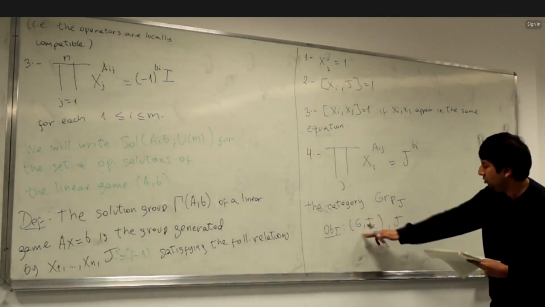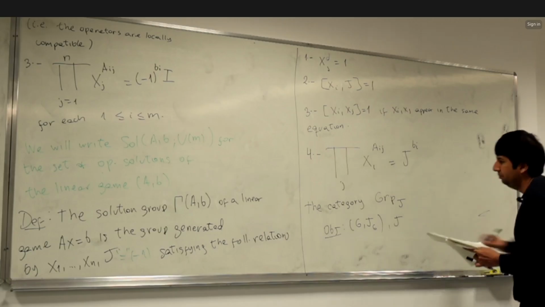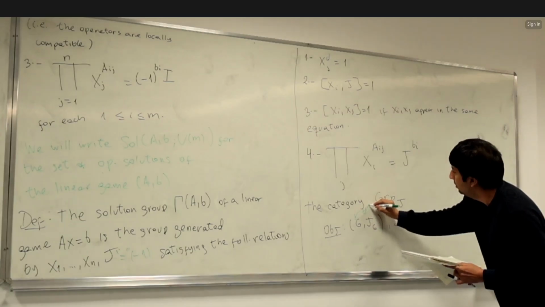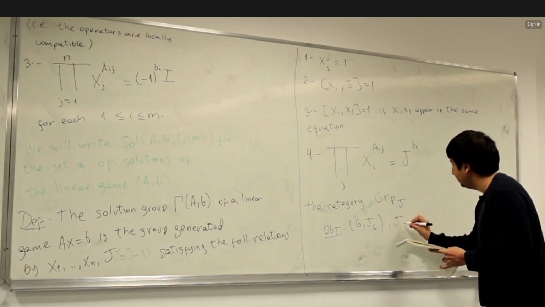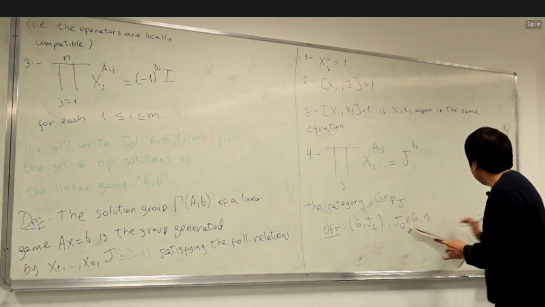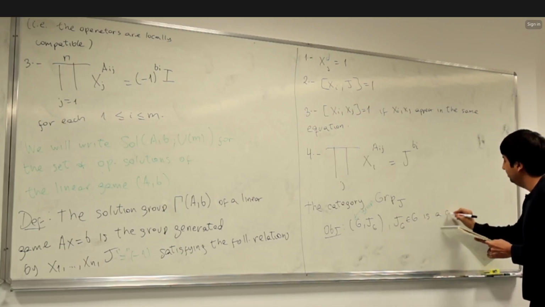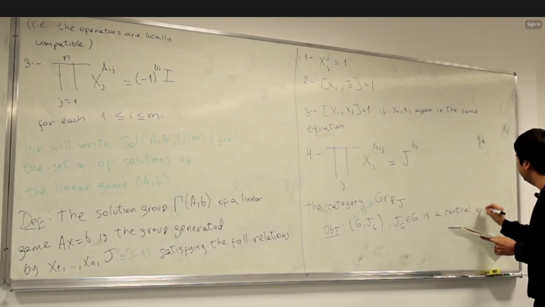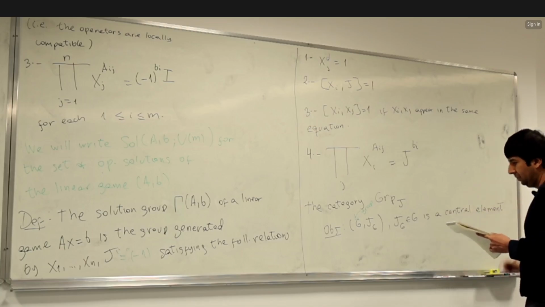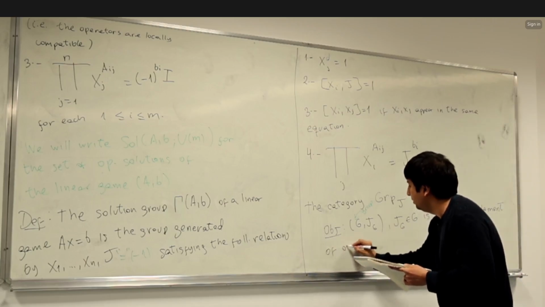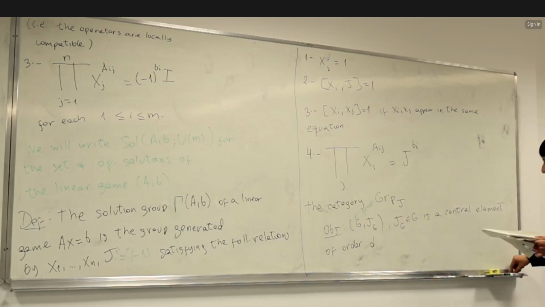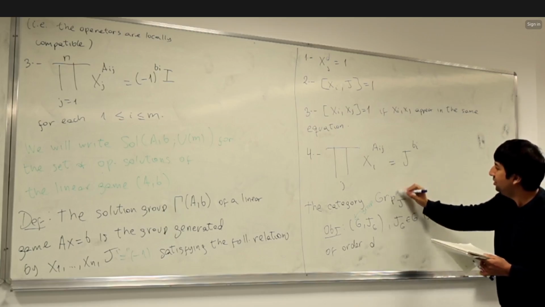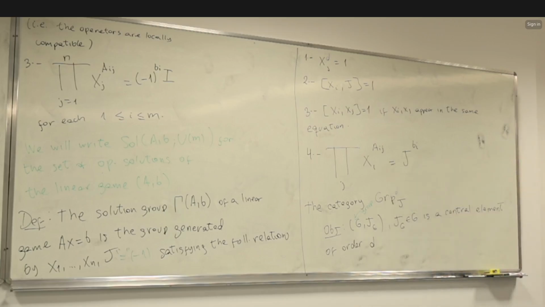So G is a group, and jG is a central element of order d. Well, okay, we should maybe include the d in the notation, probably. But let's suppose we know d.